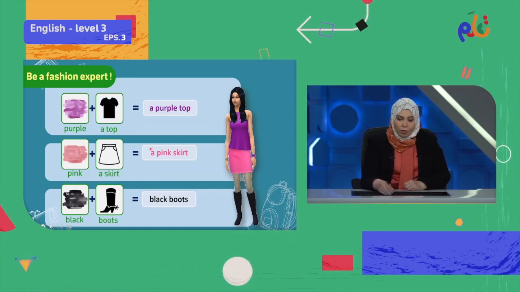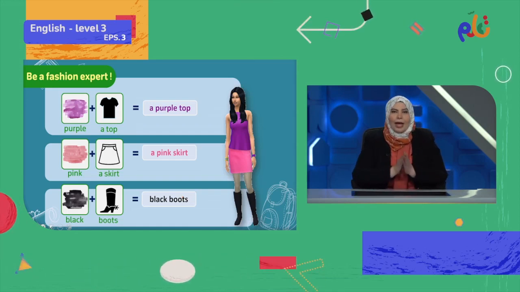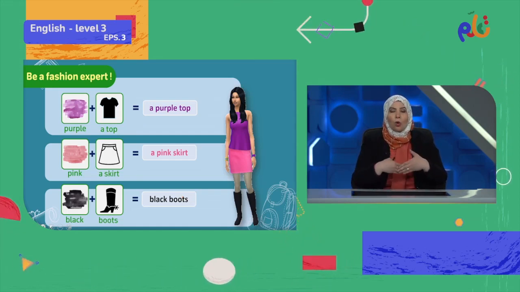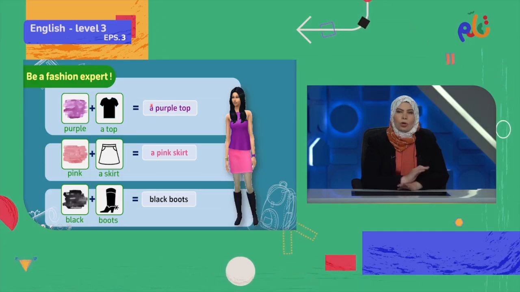If we're talking about boots, plural, so in this case, no article, it's just the color and the item. So I want to buy black boots. I want to buy a pink skirt. Or I want to buy a purple top. Singular, plural is really important when we choose the article. Put article or no article.